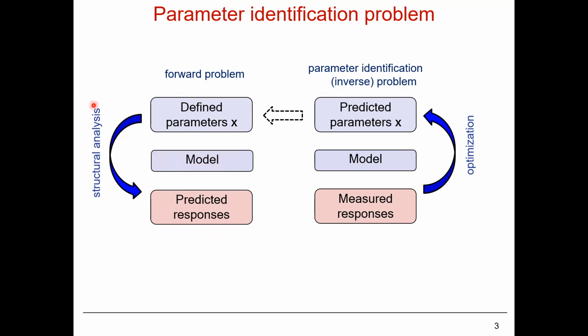This process we call structural analysis. The inverse problem gives us the structural responses of interest, obtained from the experiment, and we have to recover an optimal set of parameters for our structures that characterize the response, and we use optimization for this task.